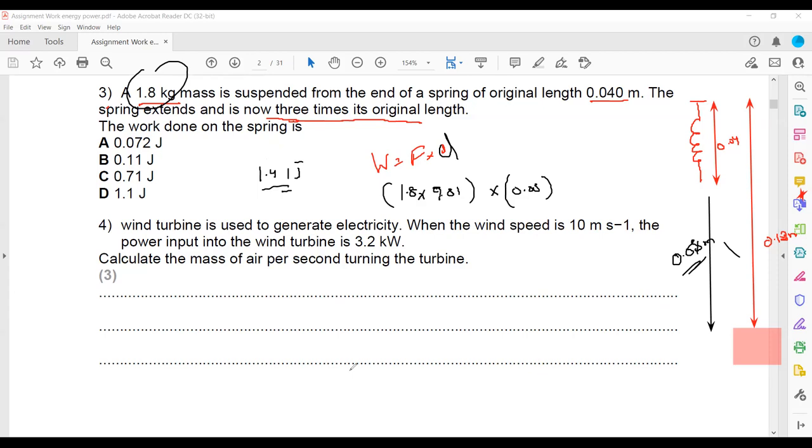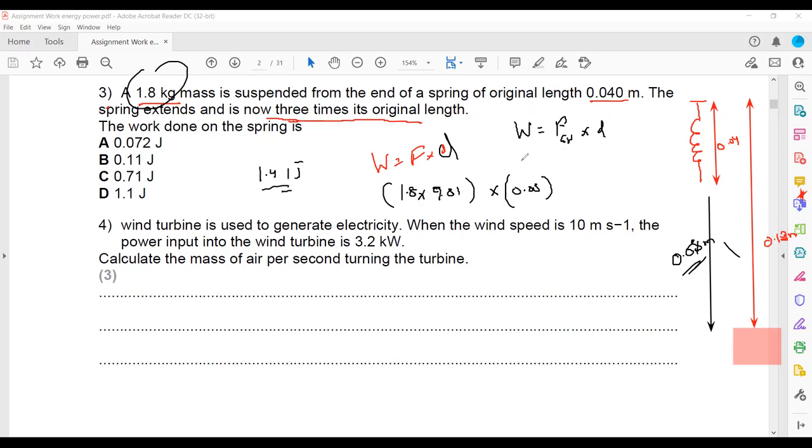Okay? And then whenever we calculate the work done by the spring, the work done by the spring is equal to the average force multiplied by the distance.